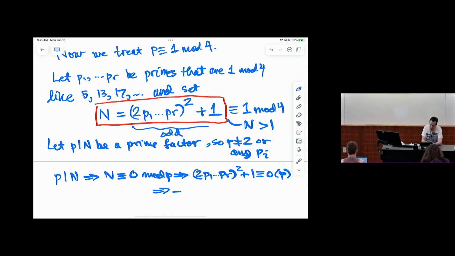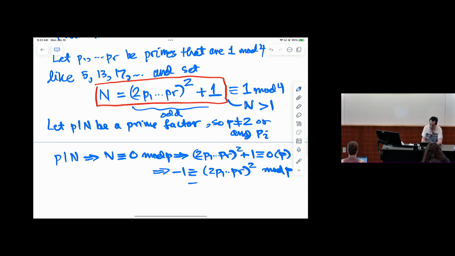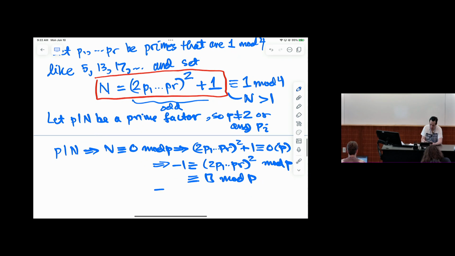And so we can solve: minus 1 is this whole thing squared. And therefore, minus 1 is a square mod p. And p is not equal to 2, and so therefore P is 1 mod 4.